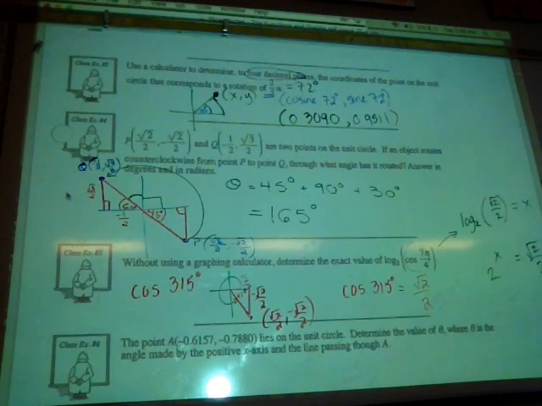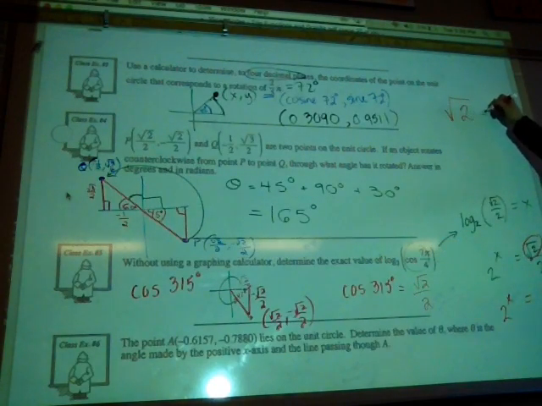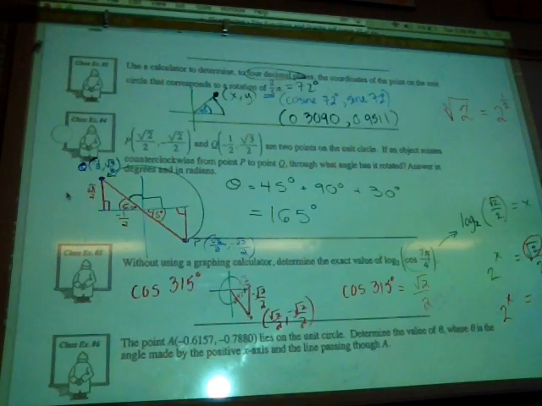You need to get a common base. So we have 2 to the power of x equals 2 to the power of a half over 2. Remember, we can take a square root and change the radical into an exponent, because the index on the square root is 2 and the exponent is 1.